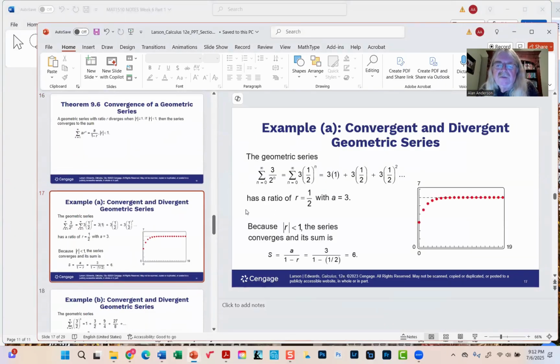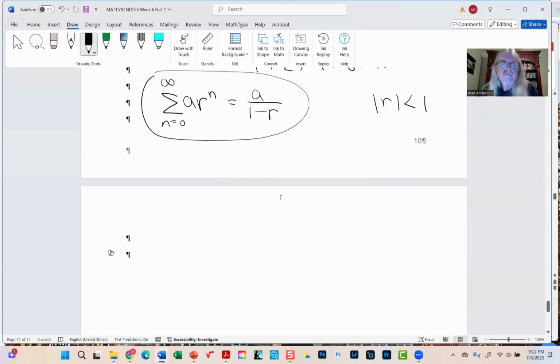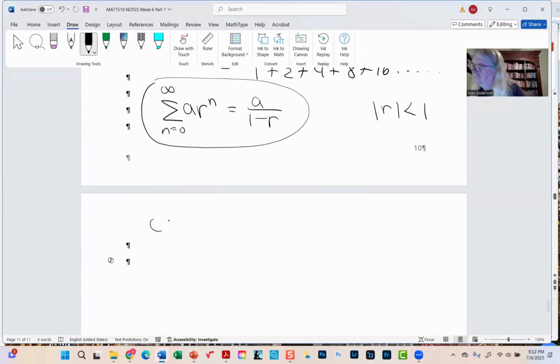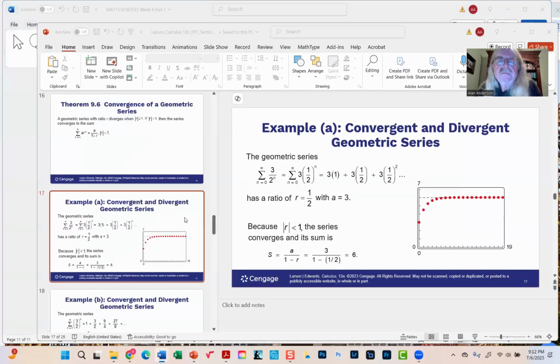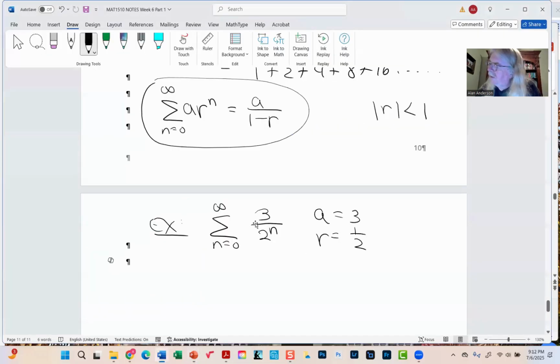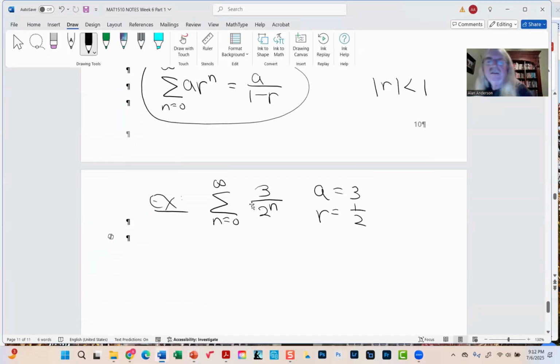All right, here's an example. They're going to give us 3 over 2 to the n. So a is 3 and r is 1/2. You can rewrite it like they did.